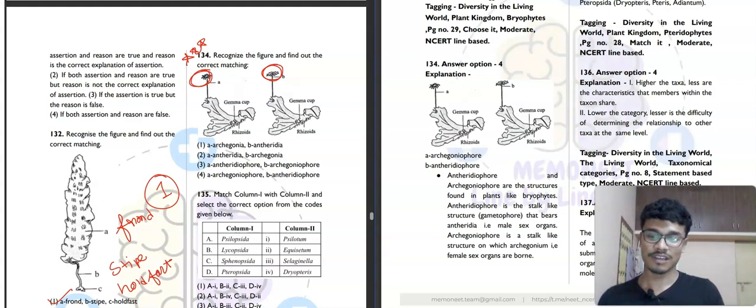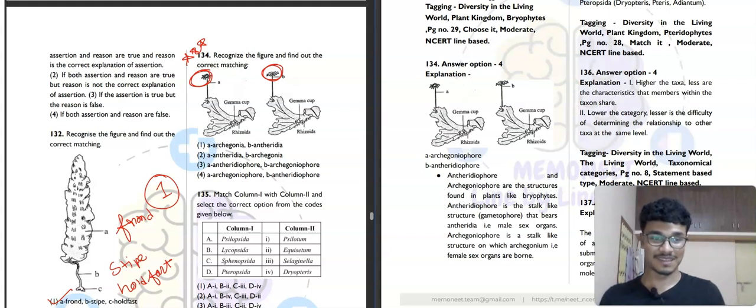Okay, so there is confusion between which one is antheridiophore and which one is archegoniophore, which one is the male and which one is the female. You know that females are very into makeup and all these things, and they always keep themselves neat.